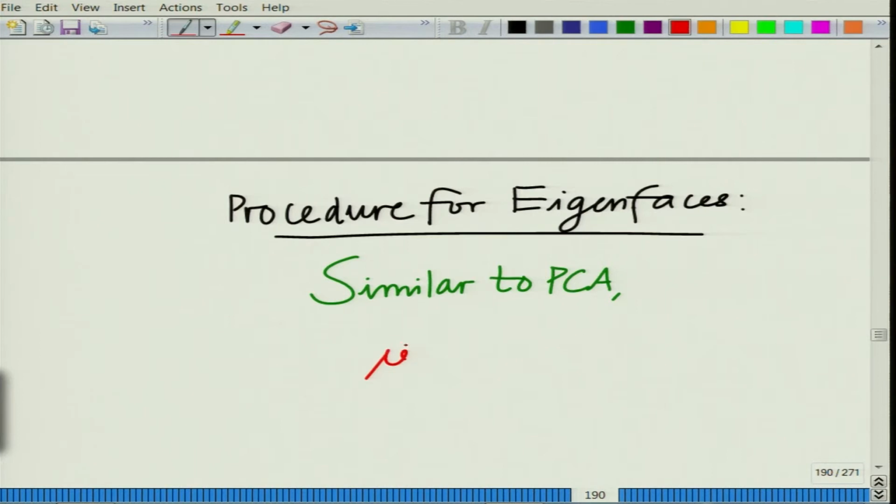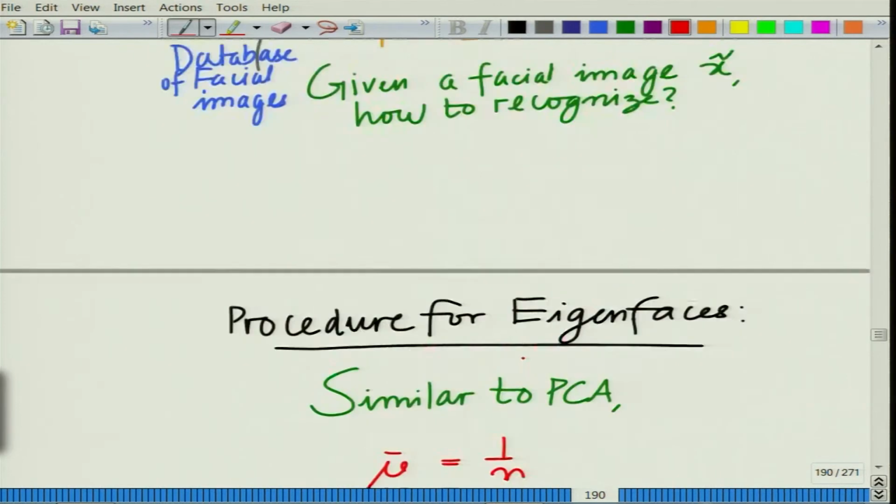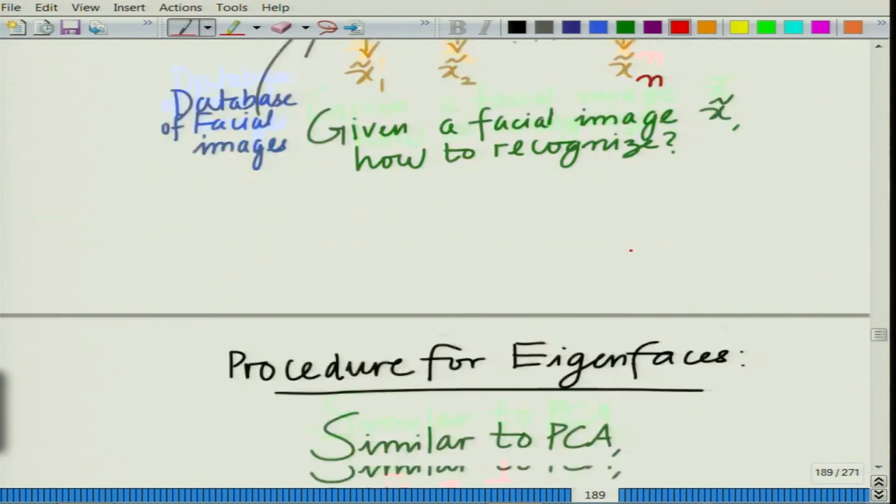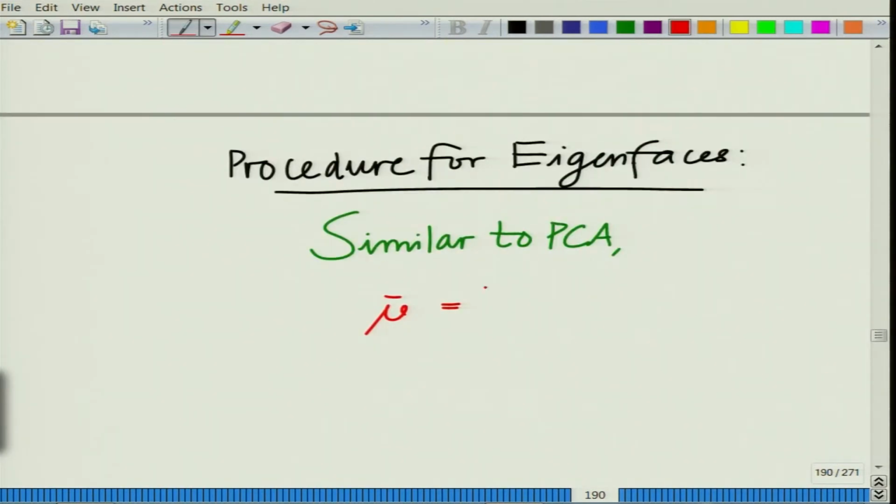You form the mean vector of these facial images. So, you have 1 over n, I am sorry, this should be n, this is the size of your database, summation i equal to 1 to n x i tilde, this is the mean.